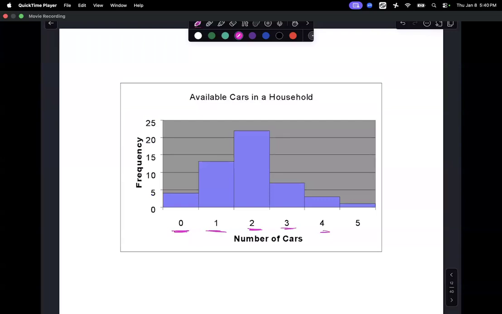We label it differently if it's continuous, but with discrete, we label it in the middle because the entire rectangle is 1 car or 2 cars or 3 cars. With continuous data, we have a range of data in each of the rectangles, so we're going to label it a little bit differently.